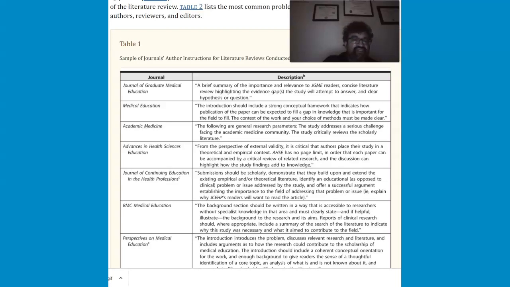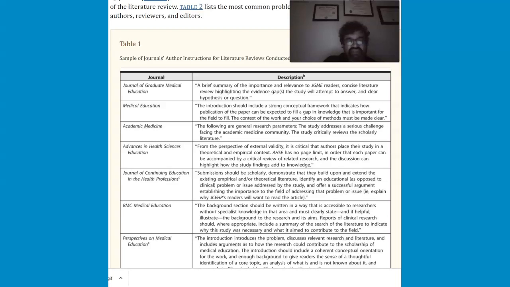And then Journal of Continuing Education in the Health Professions. Submissions should be scholarly, demonstrate that they build upon and extend the existing empirical and or theoretical literature. Identify an educational problem or issue addressed by the study and offer a successful argument establishing the importance to the field of addressing the problem.